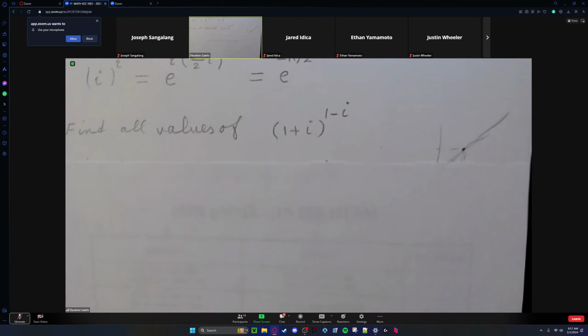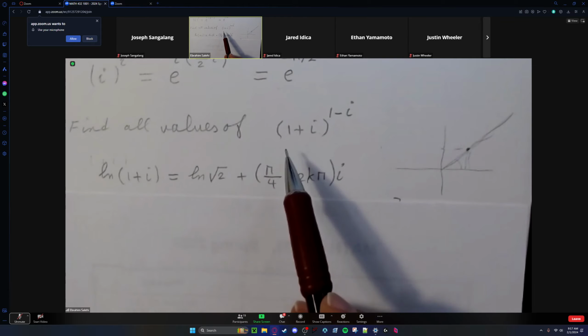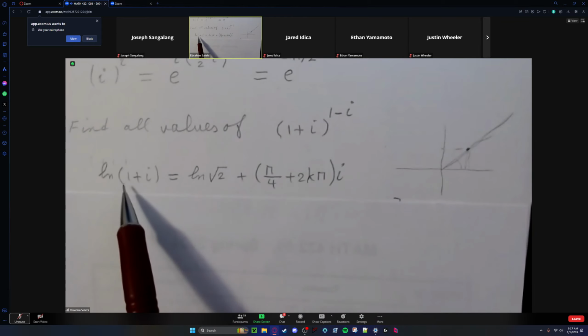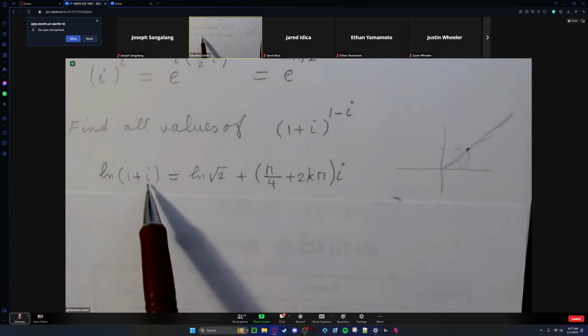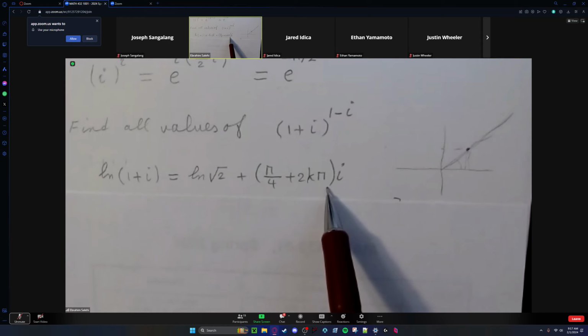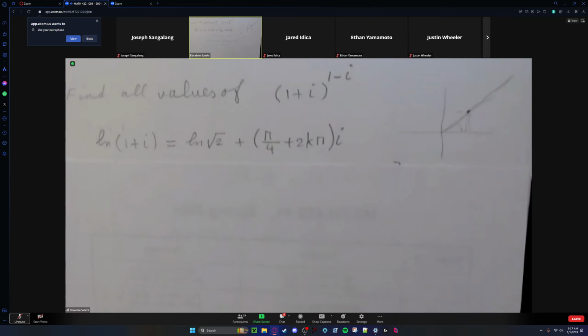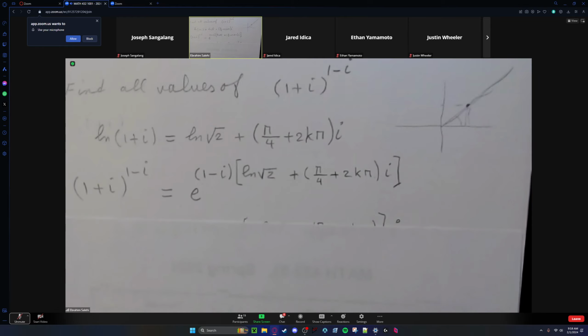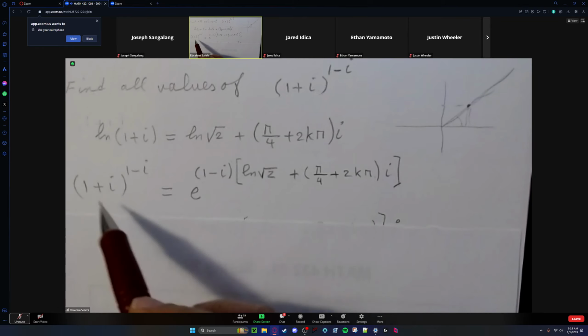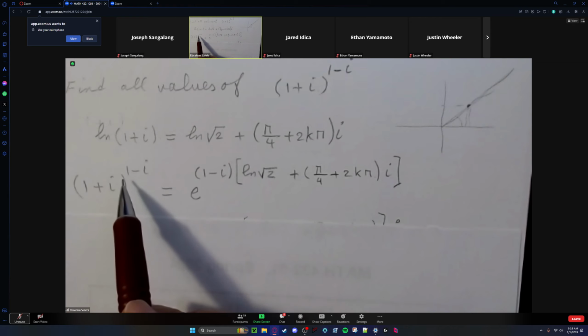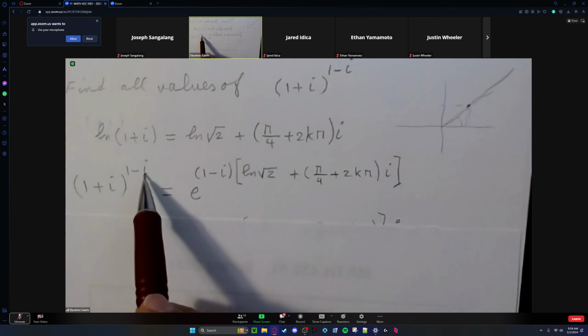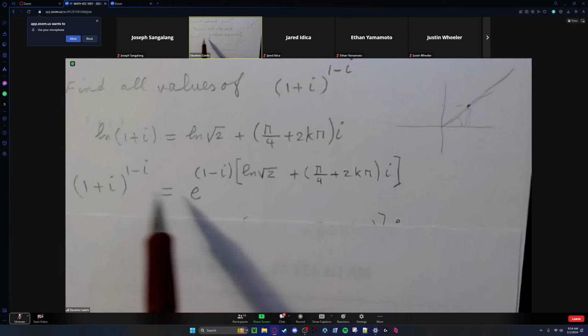So for this one, definitely we need the logarithm of 1 plus i, where all values of the logarithm are right here. And then you say, look, 1 plus i to the 1 minus i is e to the this times the log of the base.